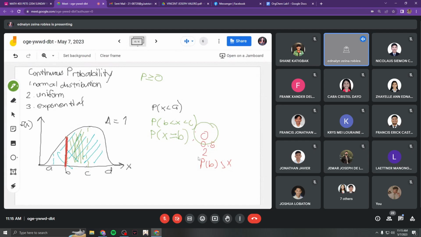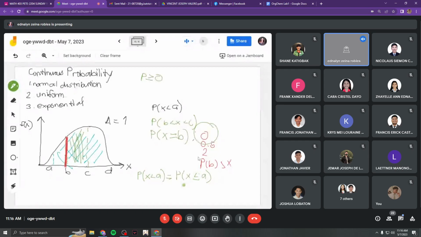So, meaning to say that if we want to find the probability, the probability of x greater than a is the same as the probability of x greater than or equal to a. Let me repeat. The probability of x is greater than a is the same as the probability of x is greater than or equal to a.